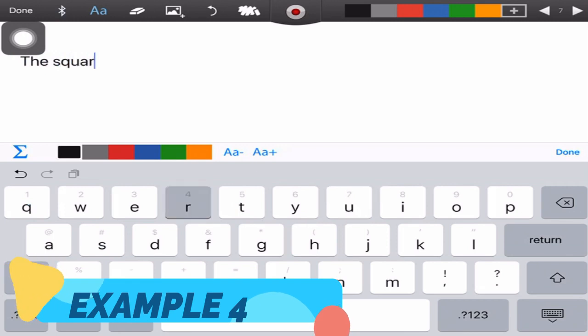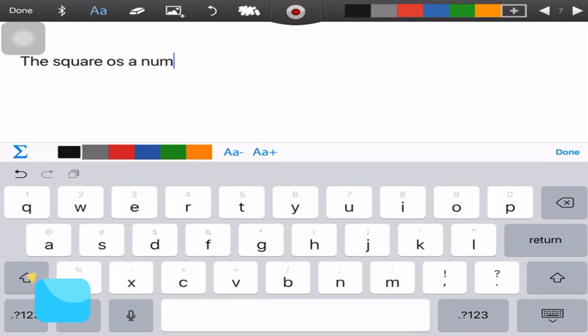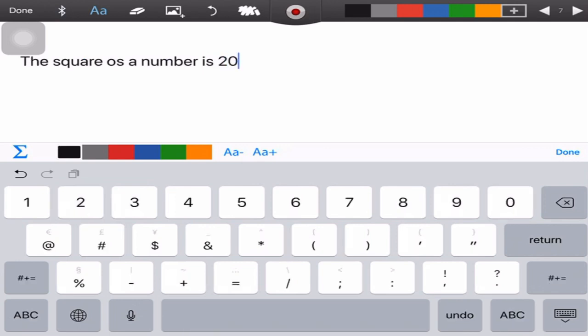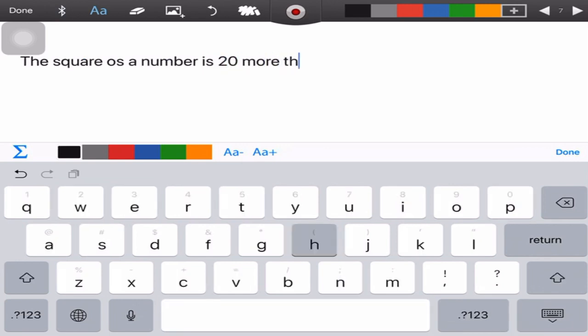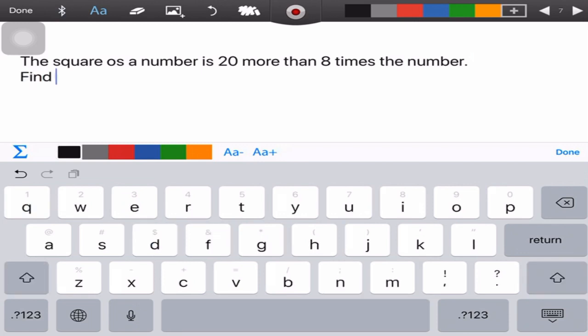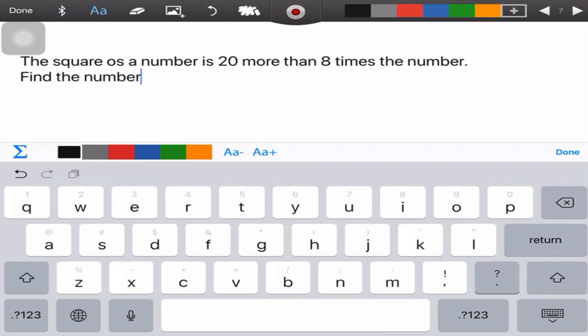The square of a number is 20 more than 8 times the number. Find the number.